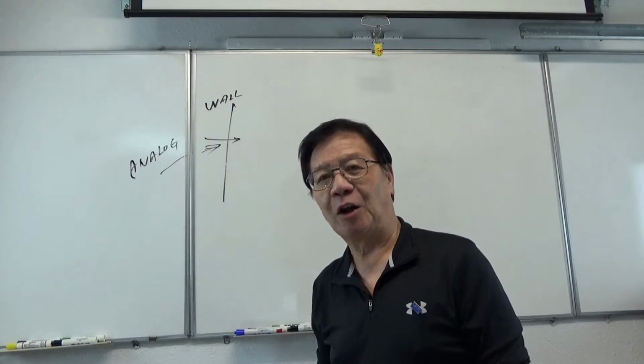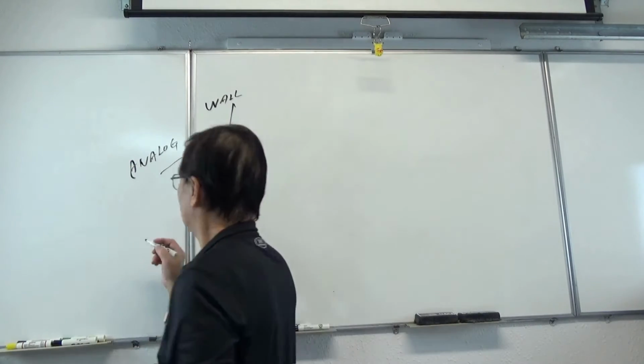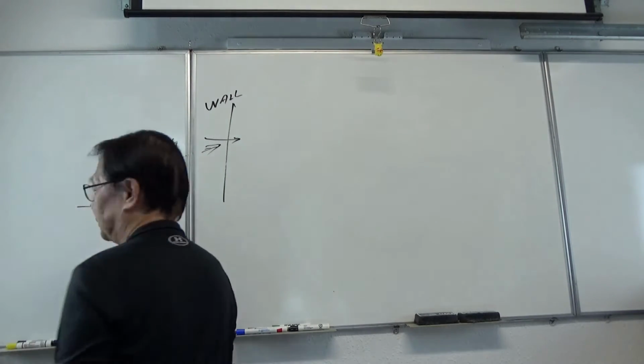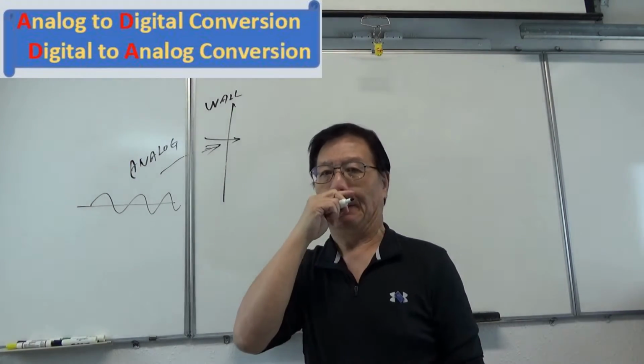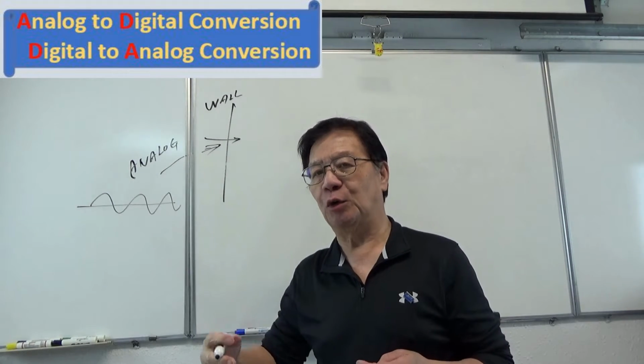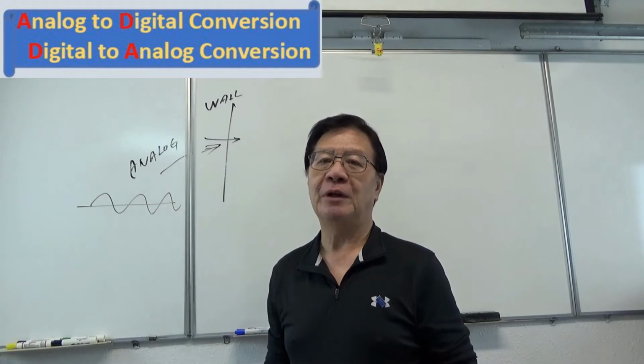What is analog? It goes in both directions, and the frequency is like that. That's an analog signal. Why? Because people need an analog signal to transfer data further and further.